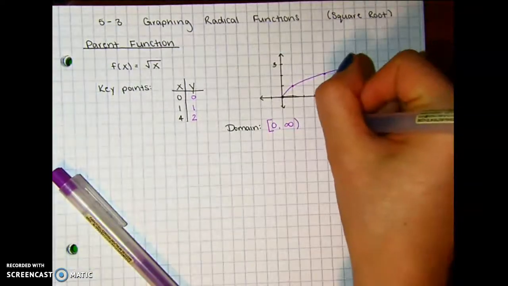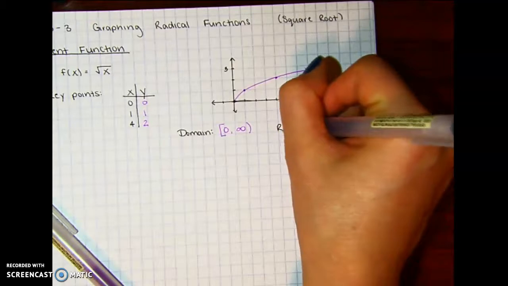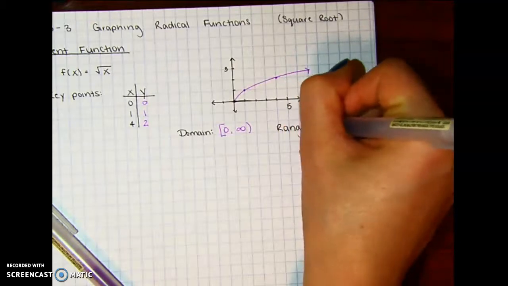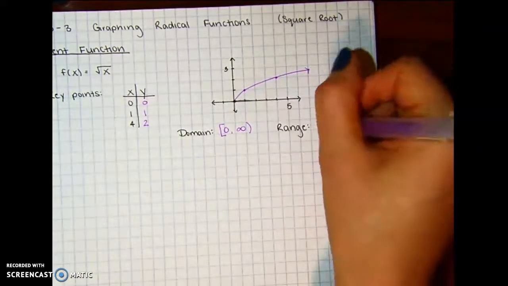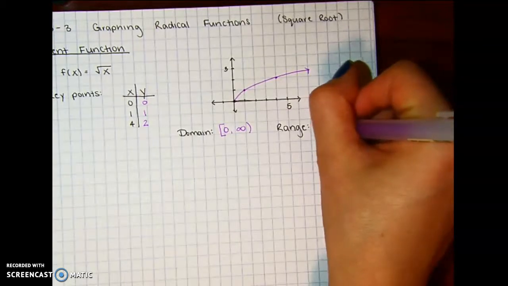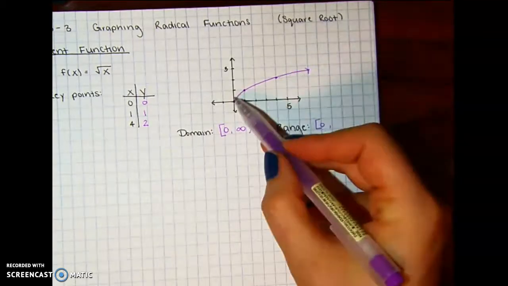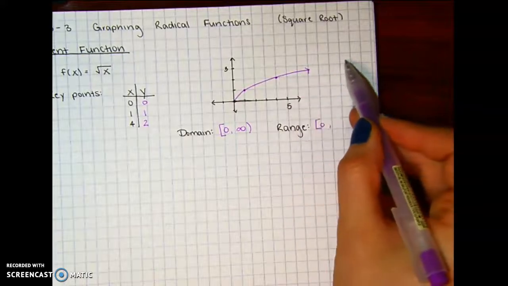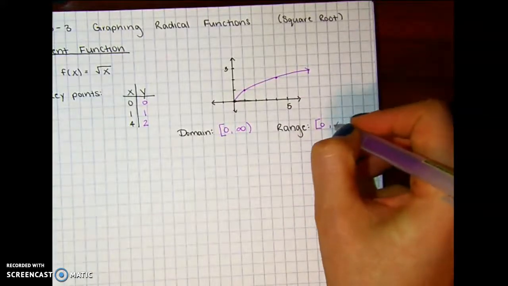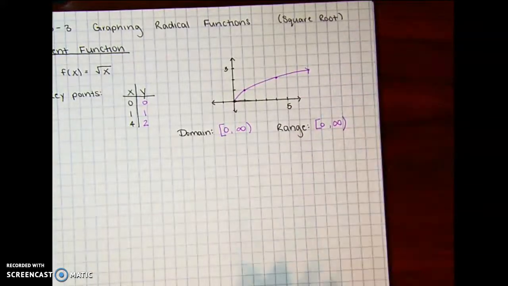And the range: the lowest y value is 0, and then you've got the arrow. Although it kind of flattens out, it's not going to go horizontal, it will slowly go up. So it'll go to positive infinity.